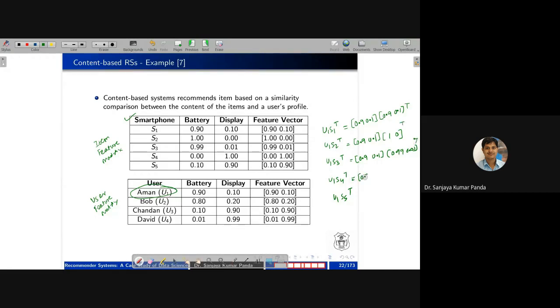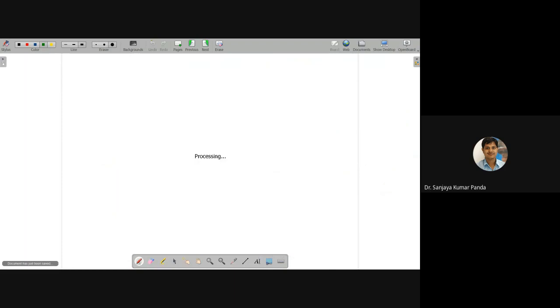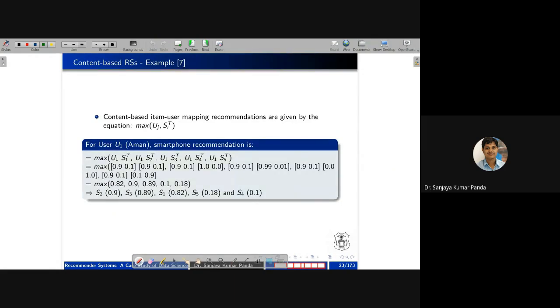Here also 0.9, 0.1 with 0 and 1 transpose, and 0.9, 0.1 with 0.1, 0.9 transpose. If you solve these values, you are going to get 0.82 for the first one, 0.9 for the second, 0.89 for the third, 0.1 for the fourth, and 0.18 for the fifth.